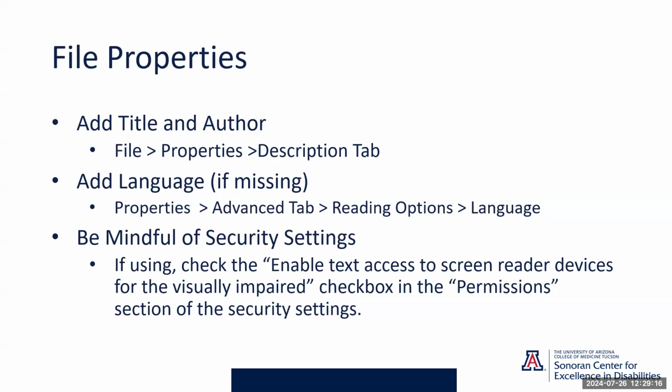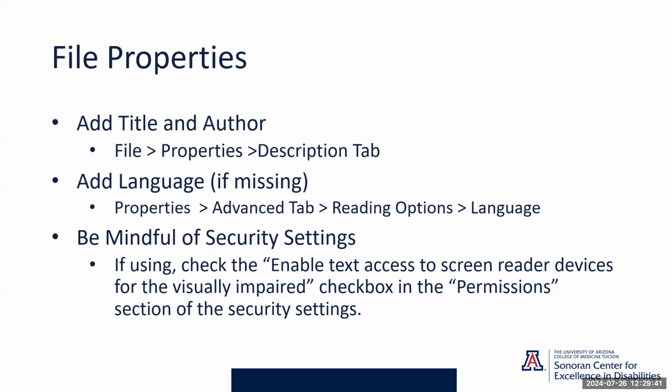You'll also need to ensure that your PDF has a title and author, and you can do that in File, Properties, and Description. You'll need to add a language if it's missing, but usually Adobe is pretty good about recognizing English, which most of your documents will be in. You'll do that in Properties, Advanced Tab, and Reading Options Language.